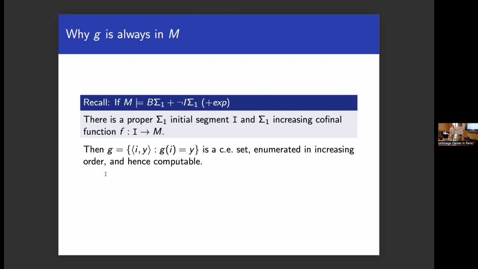Well, one possible argument is that g being Σ1, enumerated in increasing order, is therefore necessarily computable. And furthermore, everything Δ1 in g is computable. It only uses a finite initial segment of that diagram.